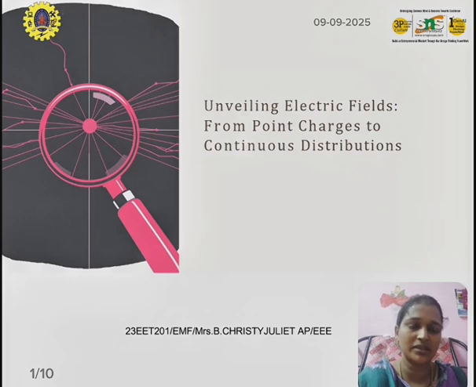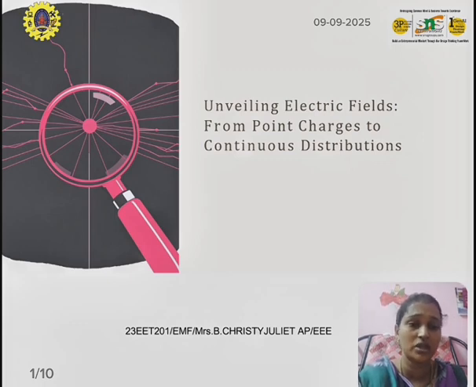Surface charge is the charges on the plates of a parallel plate capacitor, and volume charge is the charges on a bounded body. Any volume or any closed body can be termed as volume, and the charge distribution in that volume is called volume charge distribution.